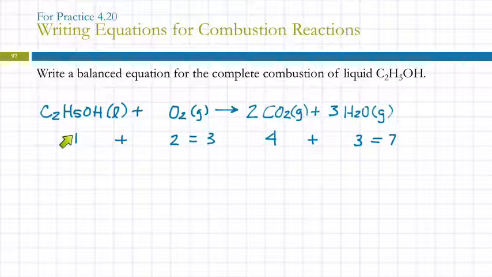I don't want to change the coefficient on the ethanol, because if I change this to change the oxygens, it's going to change everything else. So at this point, all I want to do is change the coefficient on the oxygen. 3. So if I make this a 3, then I have 6 there, right? Plus 1 is 7.